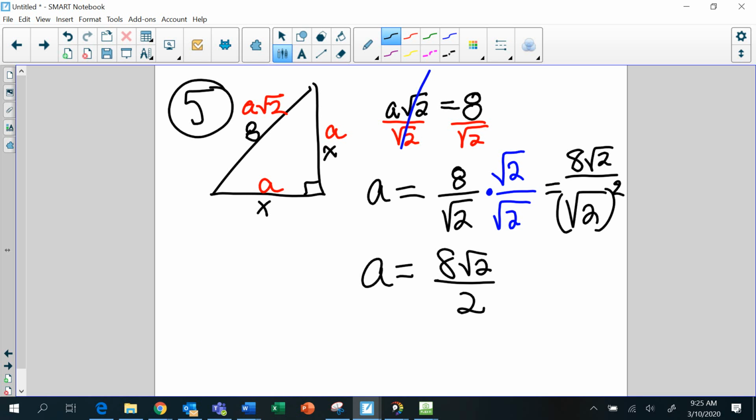Do you see how my 8 and my 2 are both not under the radical? So we can reduce the 8 and 2 by dividing by what number? Dividing by 2. So now we have 4 square root 2 over 1. I don't have to write the over 1. So 4 square root 2 is the right answer for number 5.